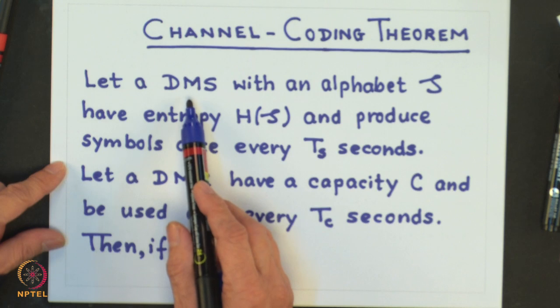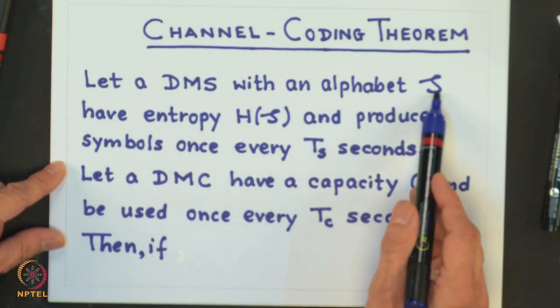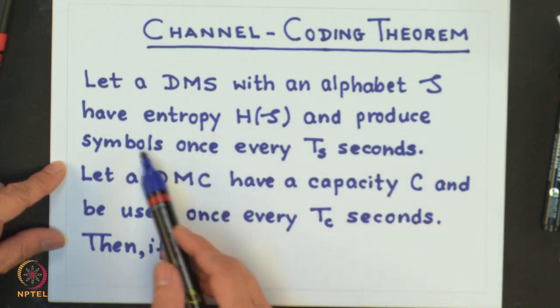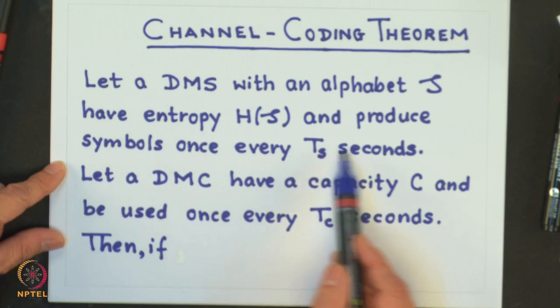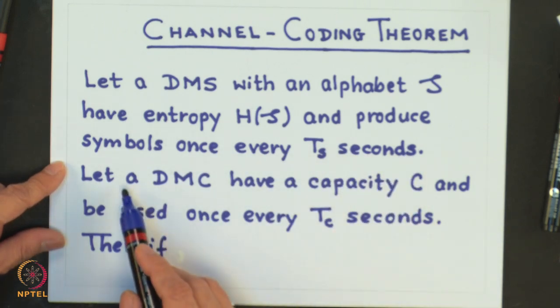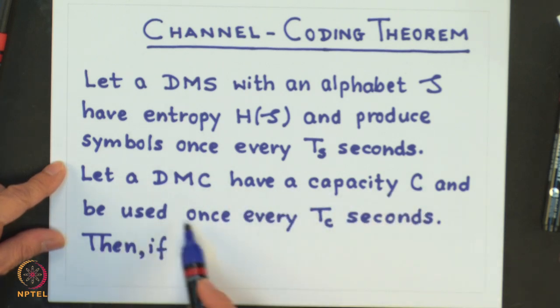Let a discrete memoryless source with a source alphabet S have an entropy Hs and produce symbols once every Ts seconds. Right? Let a discrete memoryless channel have a capacity C and be used once every Tc seconds.